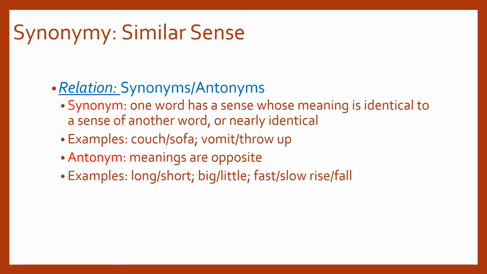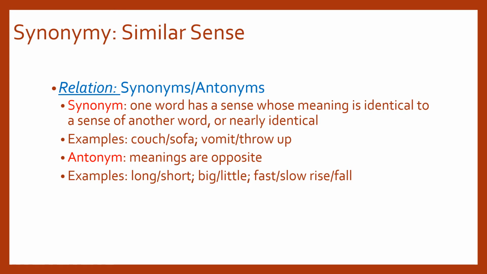There is something called synonymous words, where, as all of you know, the sense associated with one word is the same, identical or near identical sense of another word. For example, when you talk about cot or sofa, they essentially mean the same.